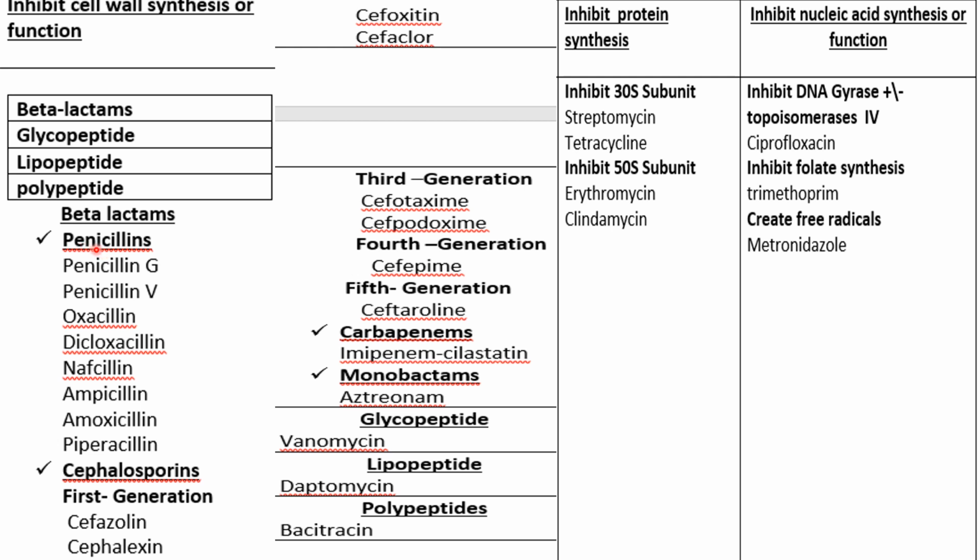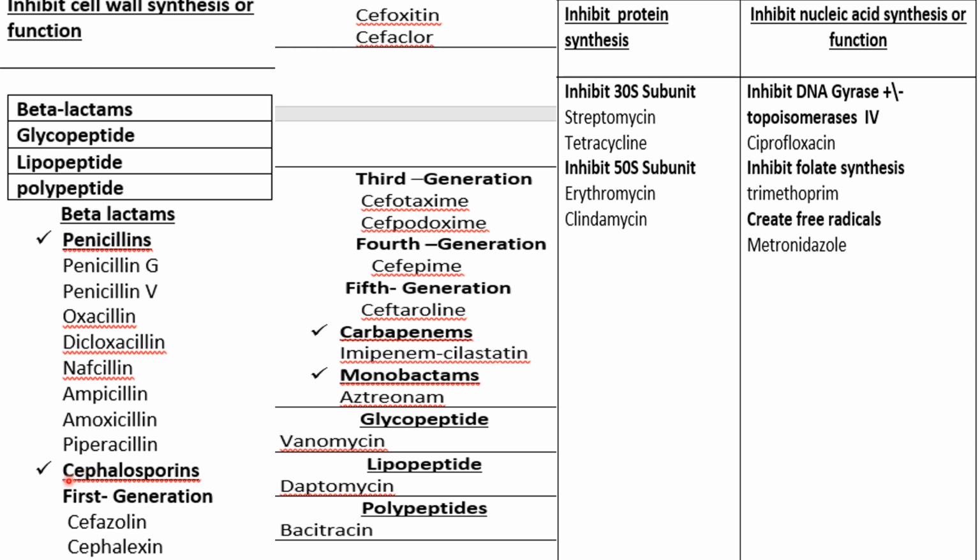So these are very important drugs, and they include various subclasses like penicillin G, penicillin V, oxacillin, dicloxacillin, nafcillin, ampicillin, amoxicillin, piperacillin.